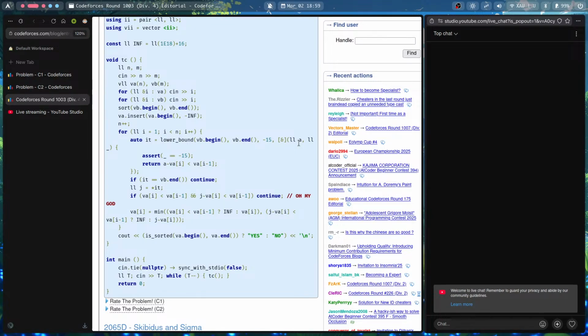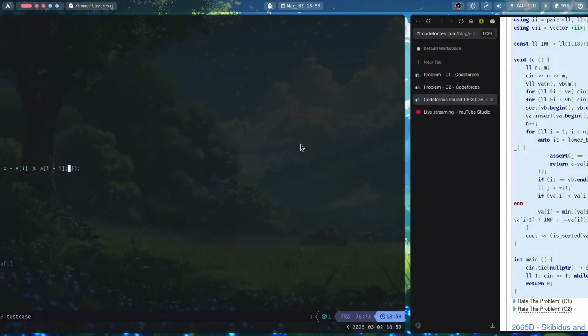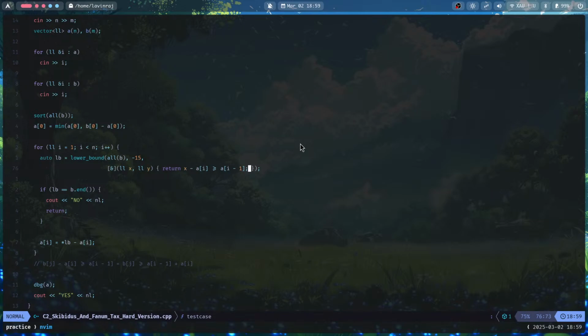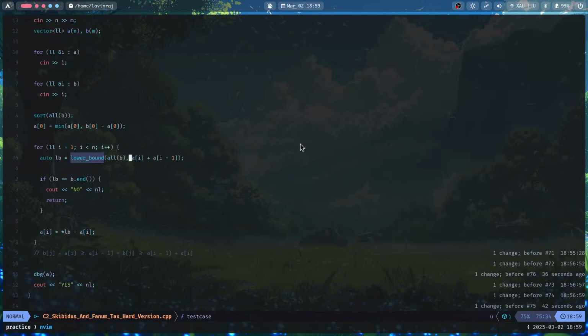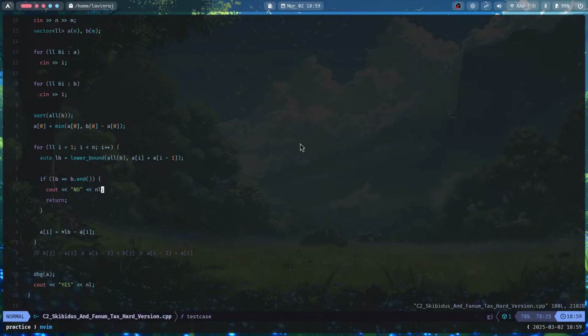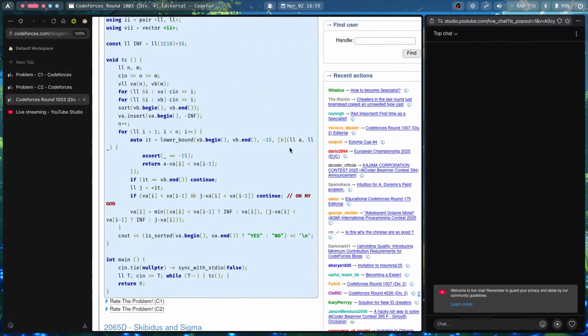Okay. Oh, let's go back 1 second. And you can see here in this code, they continue moving forward.